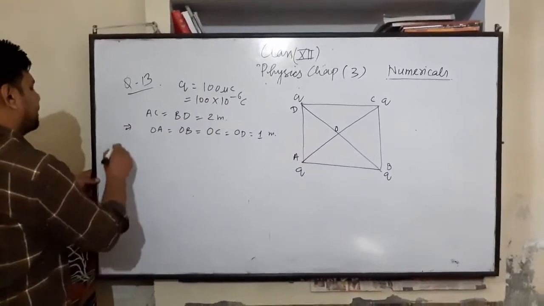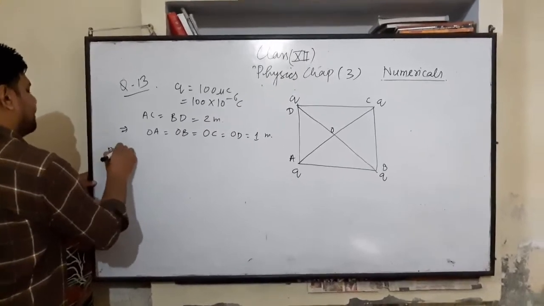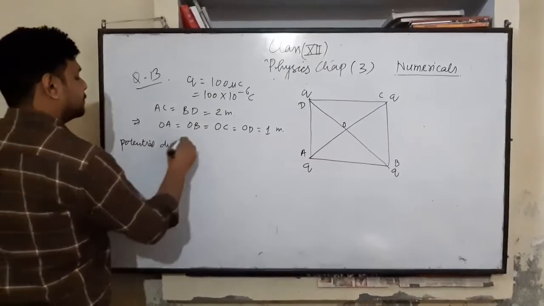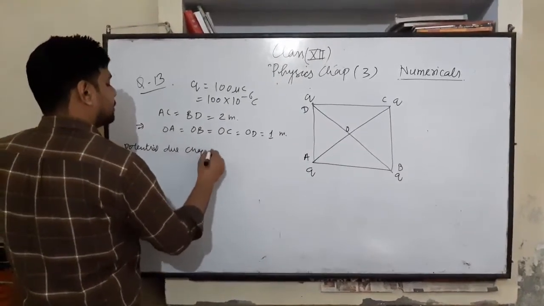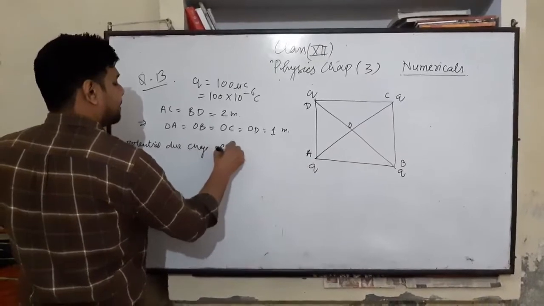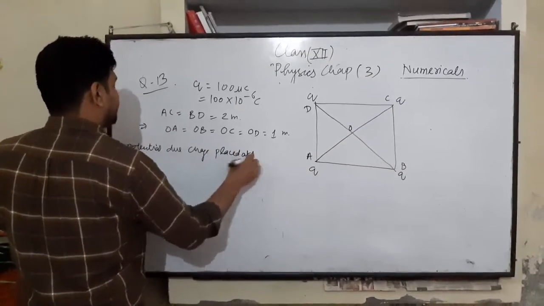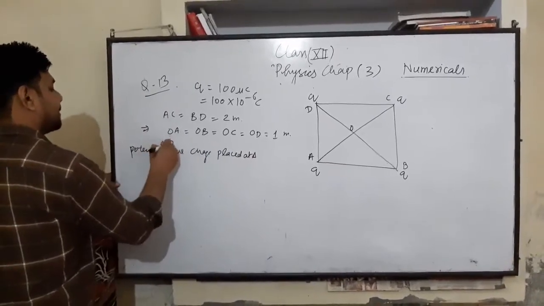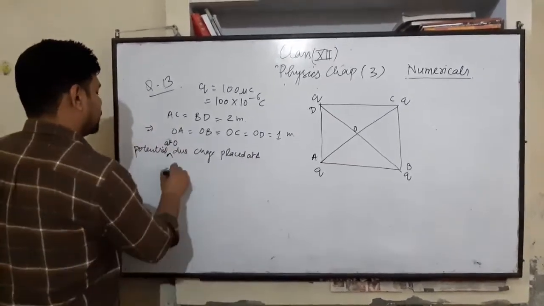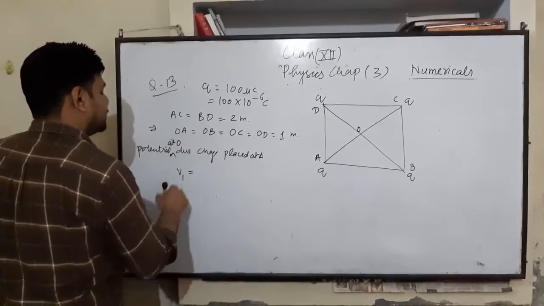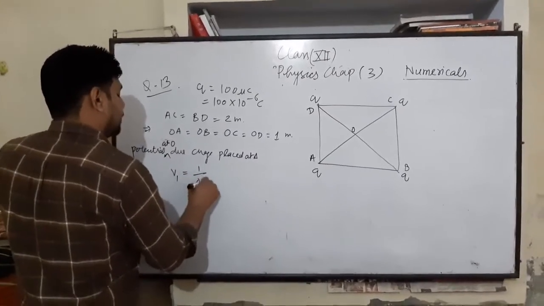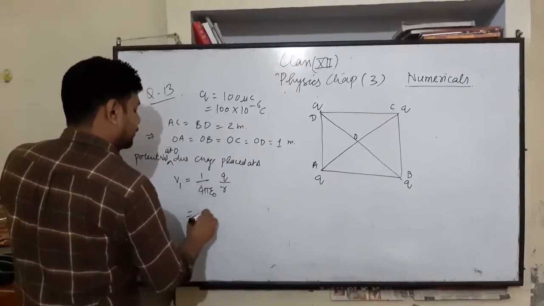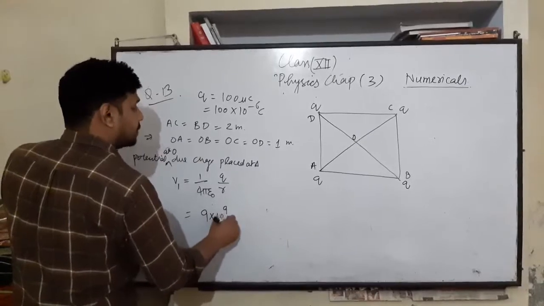So the potential due to the charge placed at point O, let's say V1, is equal to 1 over 4 pi epsilon naught, Q over R. 1 over 4 pi epsilon naught is 9 into 10 to the power 9.